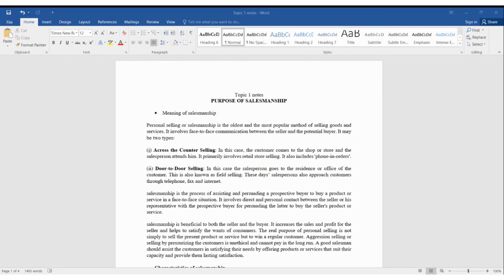In many cases, aggressive selling techniques may lead to pressurizing the customer to buy, and these techniques may at times be unethical. However, it is one of the most utilized methods of selling.